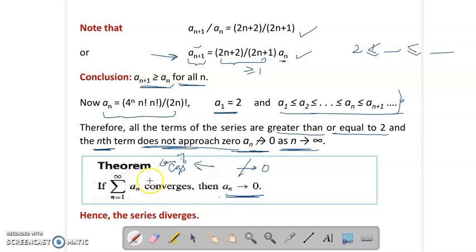If this series converges, the nth term has to tend to 0. Now here, since the nth term is not tending to 0, the series should not be converging. So we can conclude that the series diverges, because if the series were converging, then the nth term would have tended to 0. So we conclude the divergence.